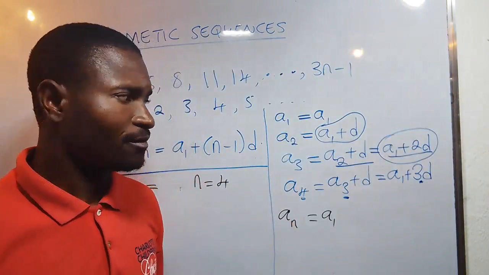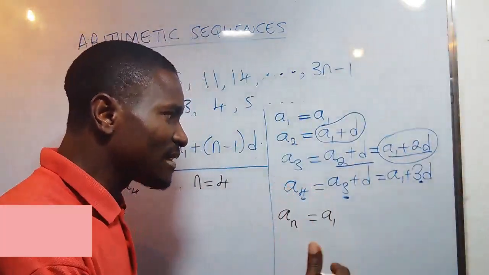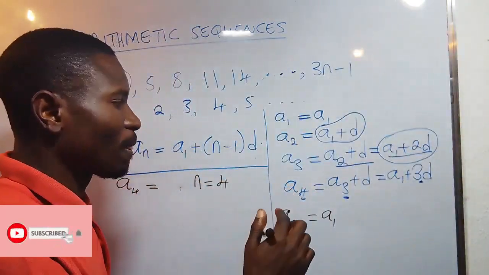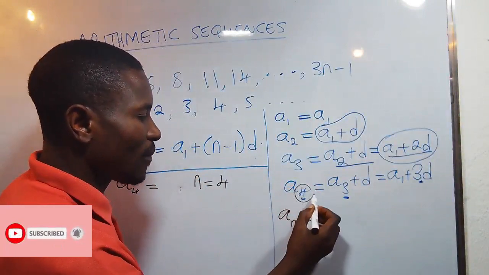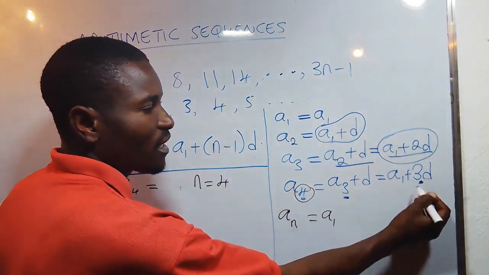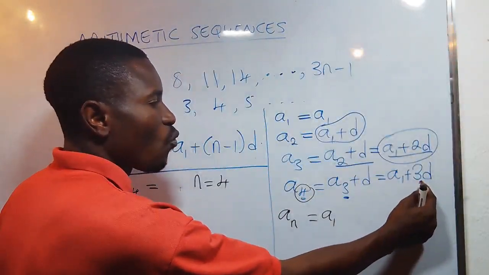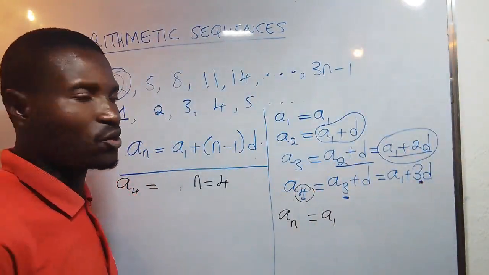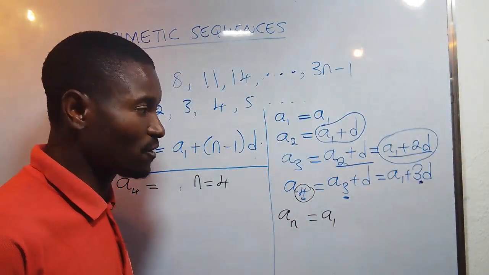So the idea is that when you look at this number 4, for the difference, the coefficient is less than the term by 1 to get the coefficient of the difference.